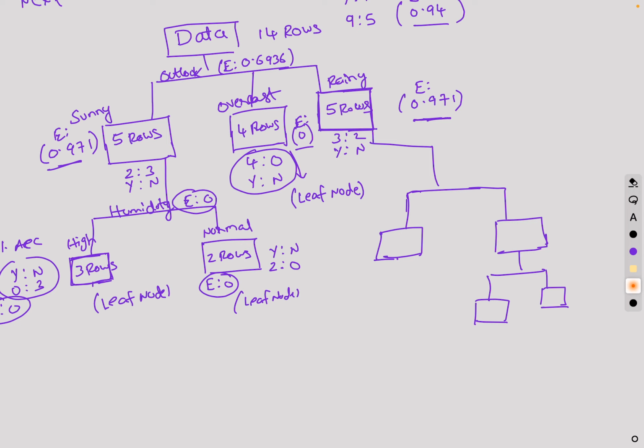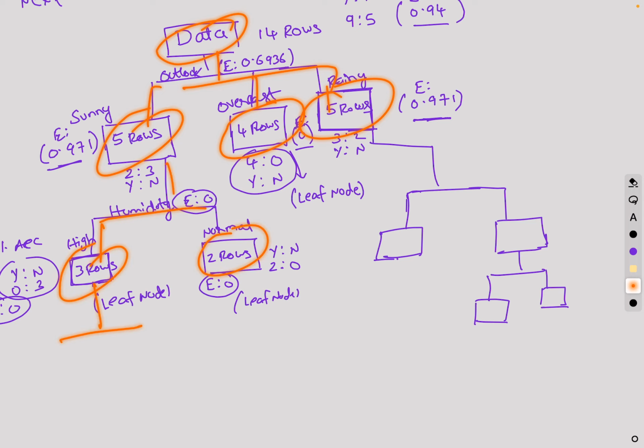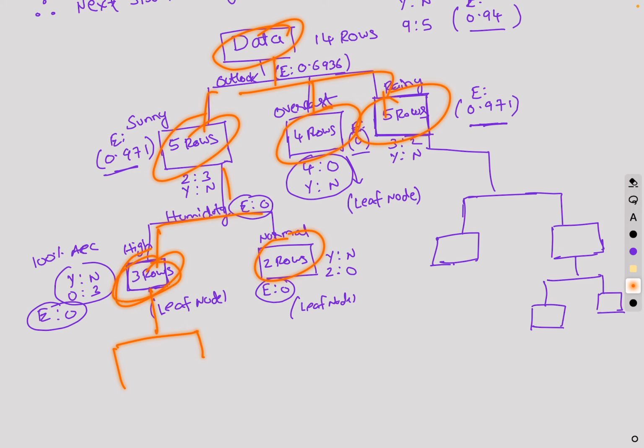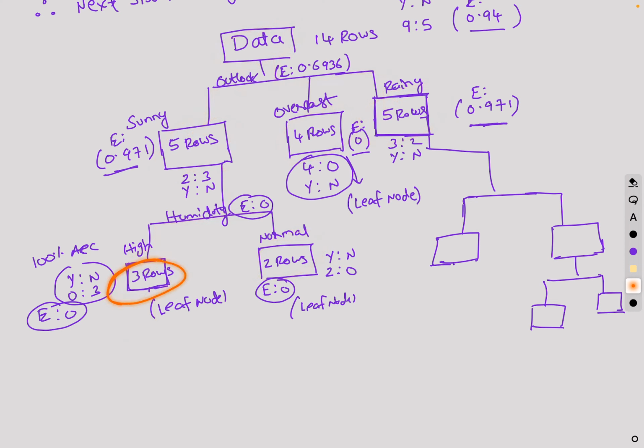So decision tree will keep on dividing the data into subsets like this, 1, 2, 3, and then again this got divided like this, and now there is no need to divide this any further, because at this level all the 3 records are having 100% accuracy, because all of them belong to category no. And at this level again no need to split any further, because again here I'm getting entropy 0, which is accuracy 100%.